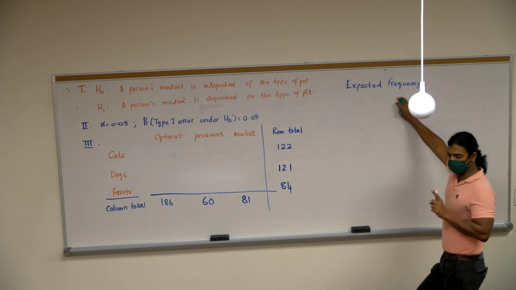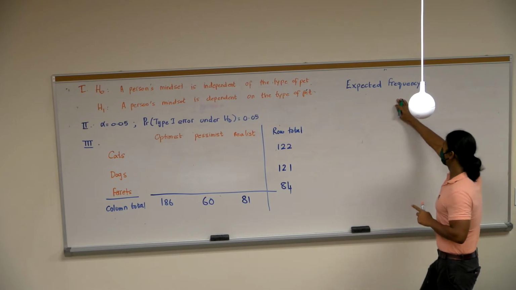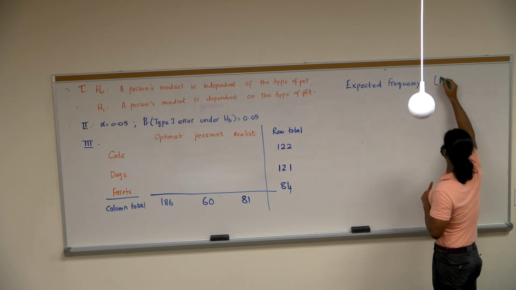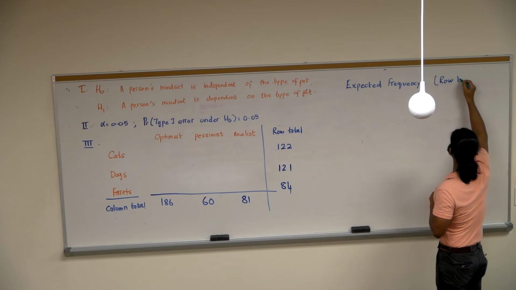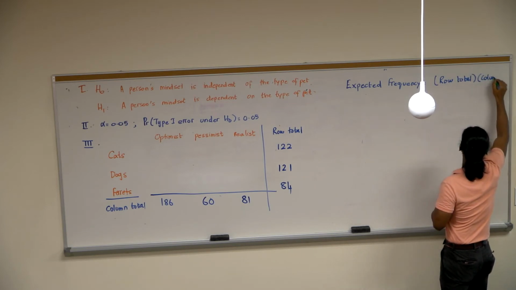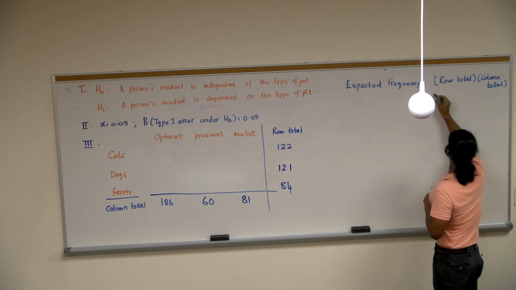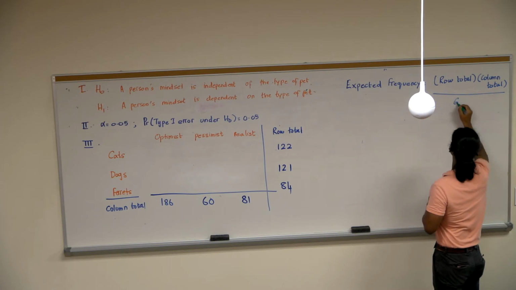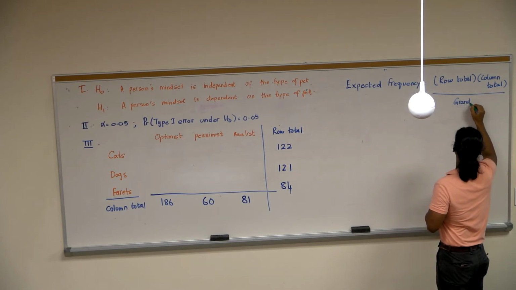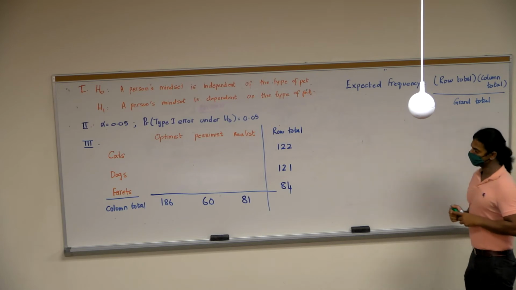And the expected frequency for a given cell is simply the product of the row total multiplied by column total divided by the grand total.